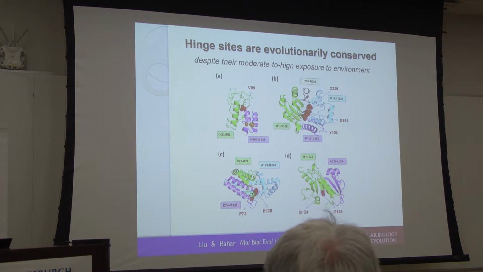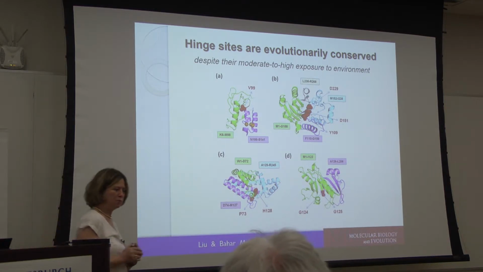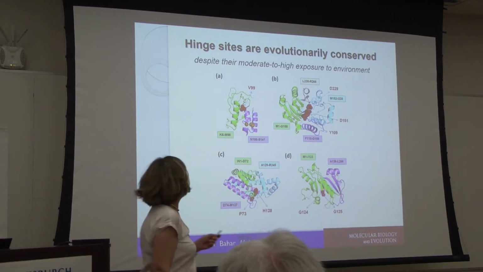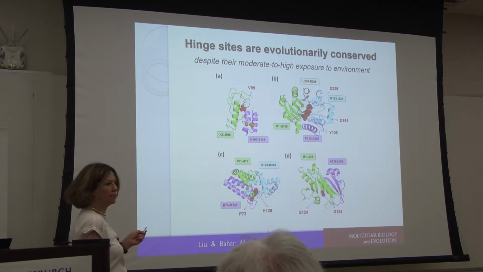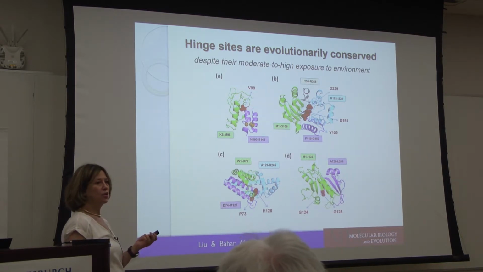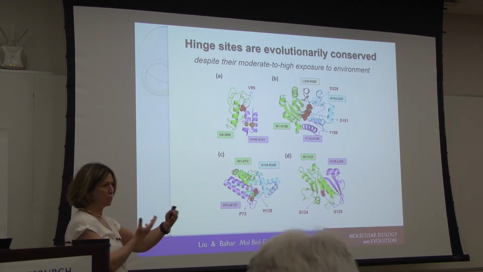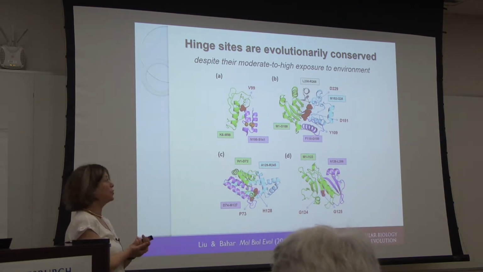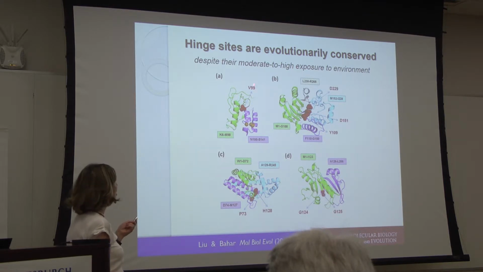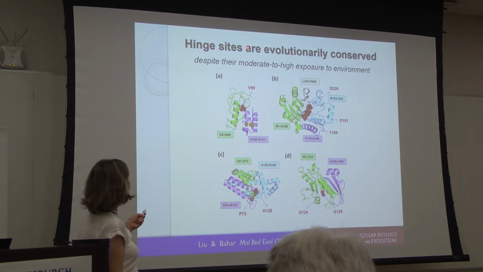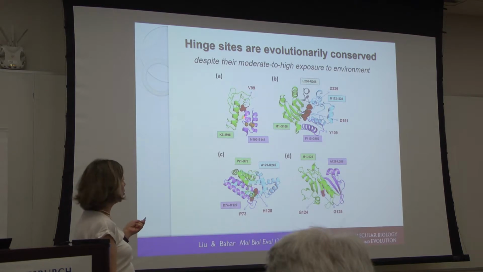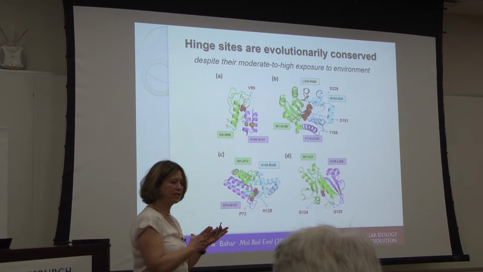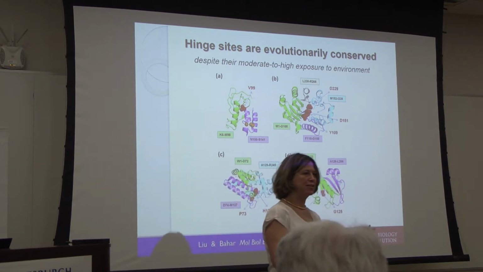Now, one question we wanted to address, and I briefly alluded to that yesterday. Here is a hinge residue. It's not buried. You would expect something that's exposed to be perhaps not conserved. But it is conserved. These are examples of hinge sites that are evolutionarily conserved, to illustrate the important case that it's not all about surface accessibility.